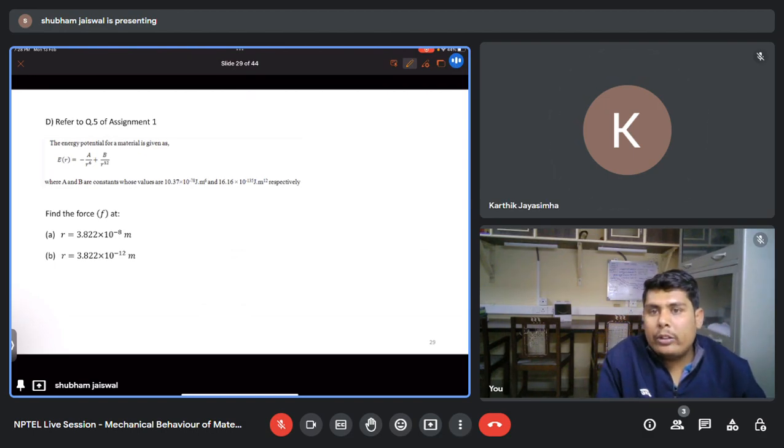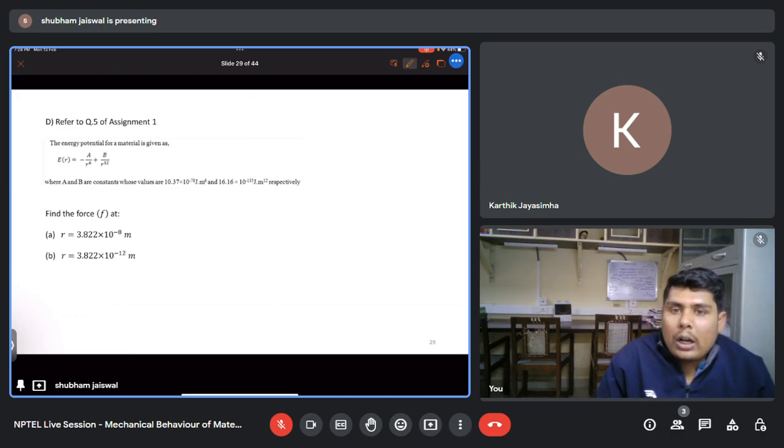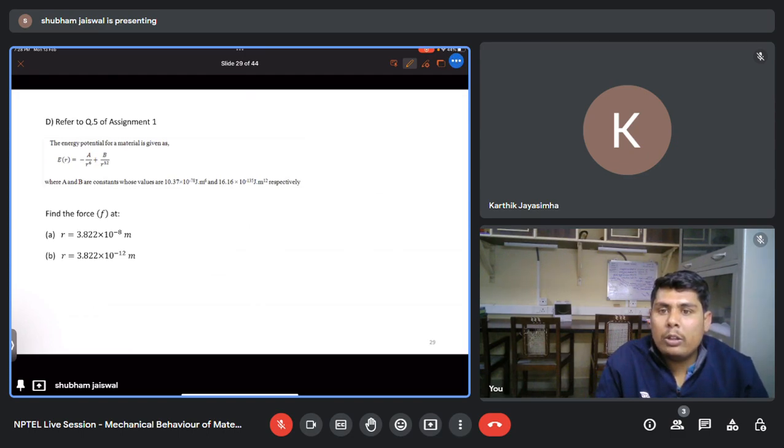Now try to solve this problem. The energy potential for a material is given as follows, where A and B are constants whose values are 10 and 37 respectively. Find the force F at R equal to that one and R equal to the B1.